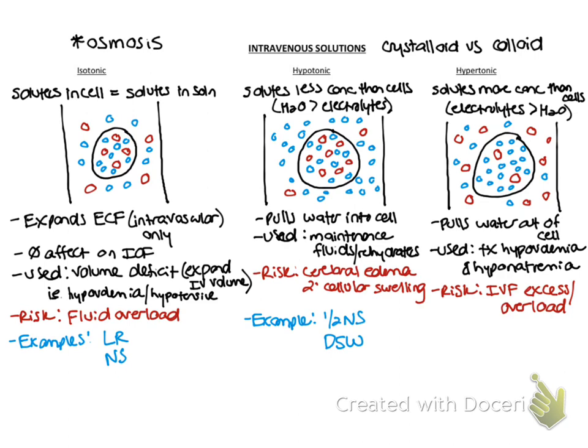This one, you're also filling up the intravascular space because you keep pulling more water out of the cell. So with this one, you also want to listen to lung sounds, watch blood pressures, and look at sodium levels to make sure they aren't having fluid overload.